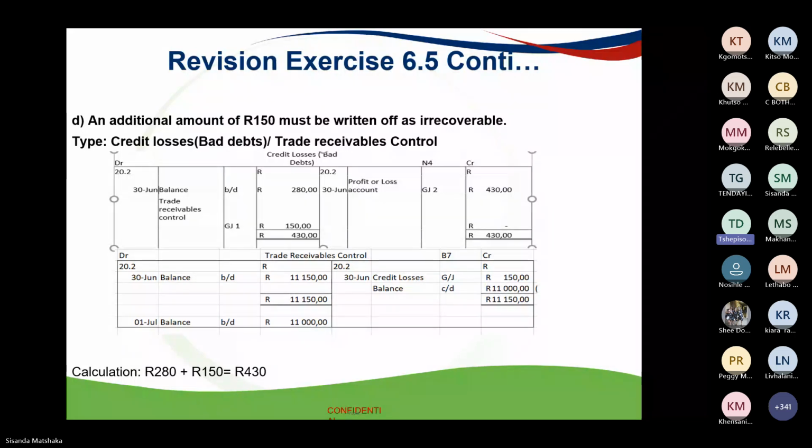So the 150 will be a debit on your credit losses, and it will also affect your trade receivables control account on the credit side, because it will reduce your trade receivables control account. Remember, the trade receivable control account is an asset, and it decreases on the credit side. So hence you see the control account here of this 150.